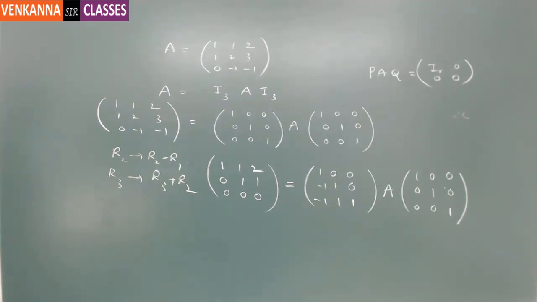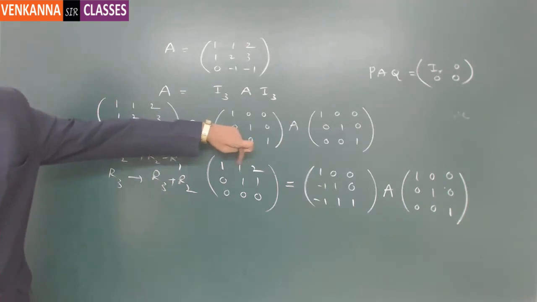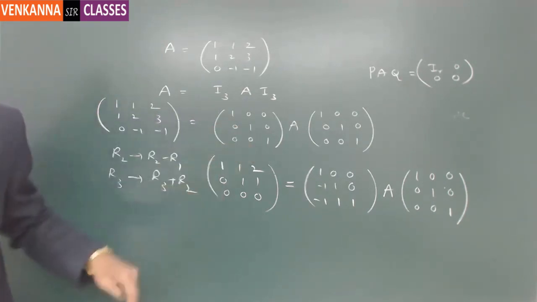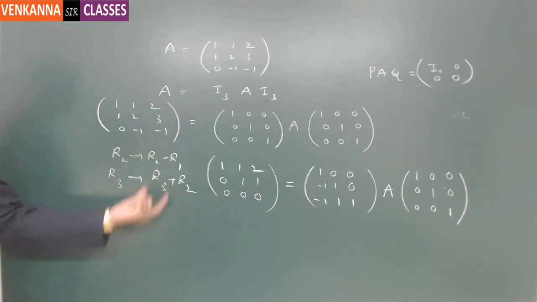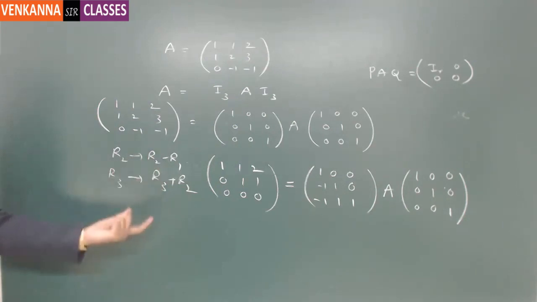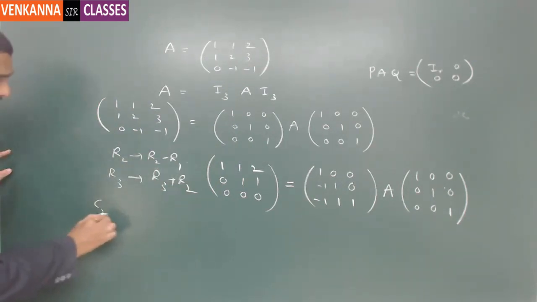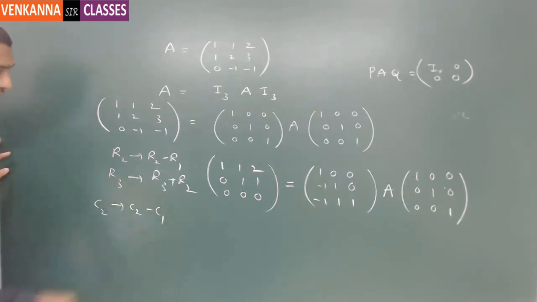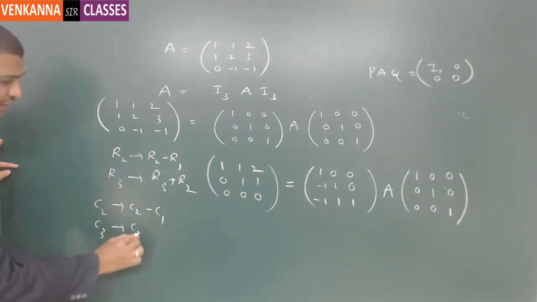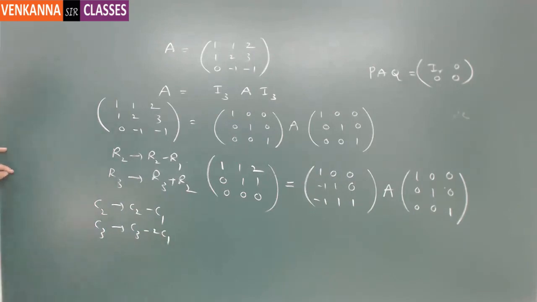Now, after doing these row operations, I am going to apply column operations because these two things must be 0, because I want to reduce the given matrix in the form of identity matrix. So I am going to apply C2 tends to C2 minus C1, C3 tends to C3 minus 2C1.